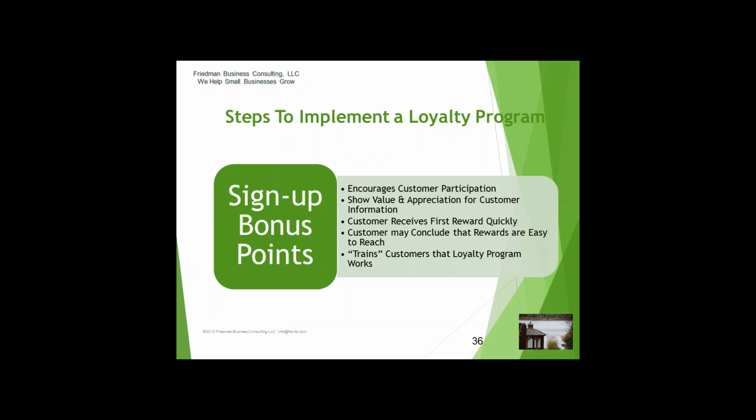I recommend having a sign-up bonus. So when the customer comes in, and let's say you have a 500-point program, give them 200 to 300 points. Because what you've gotten is now a way to reach them directly. One of the best ways to market is that email address, phone number, birthdays, other things.